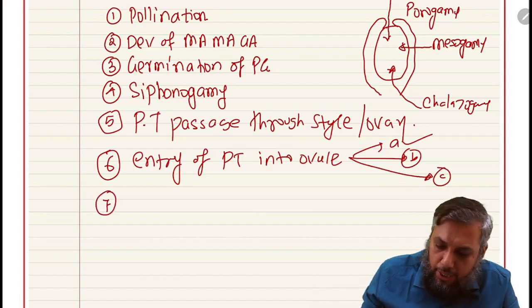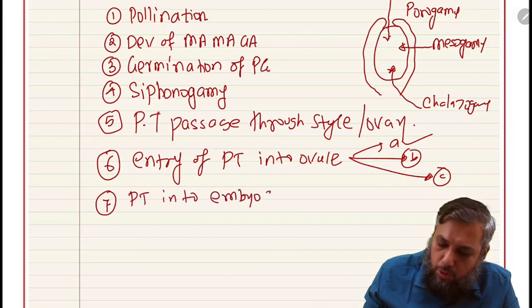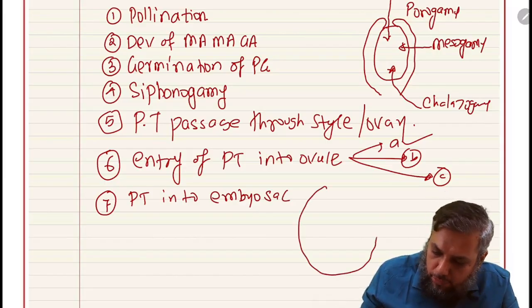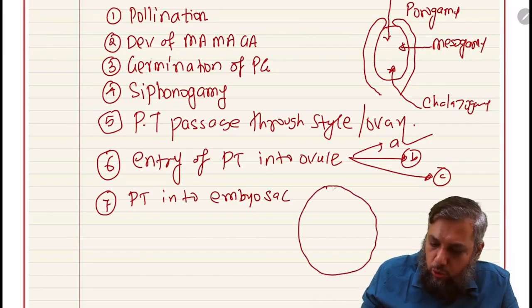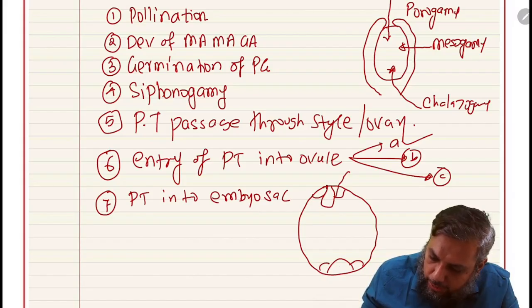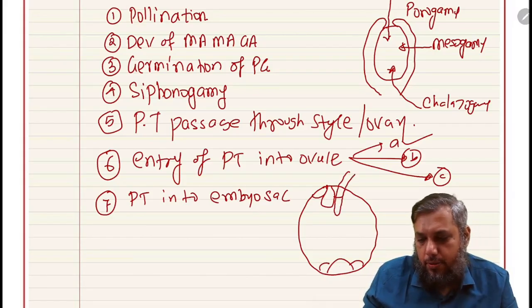Now, I have said entry of pollen tube into the ovule. The next is the pollen tube entry into the embryo sac, which will be always from the micropylar end of the embryo sac through one of the degenerated synergids helped by its filiform apparatus.